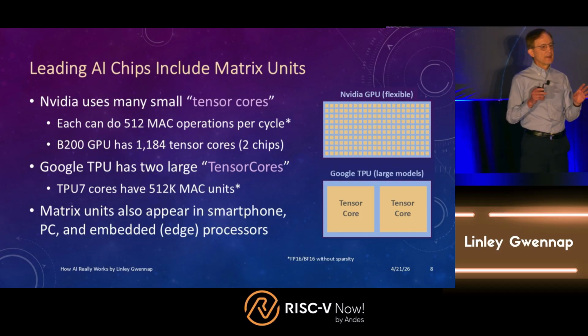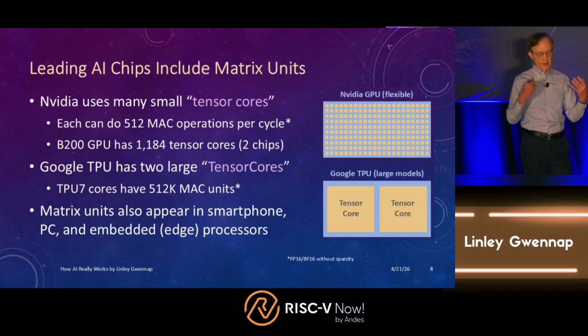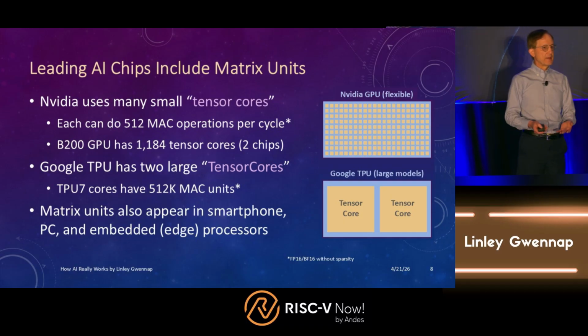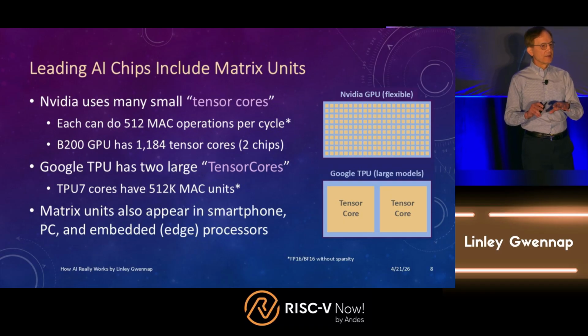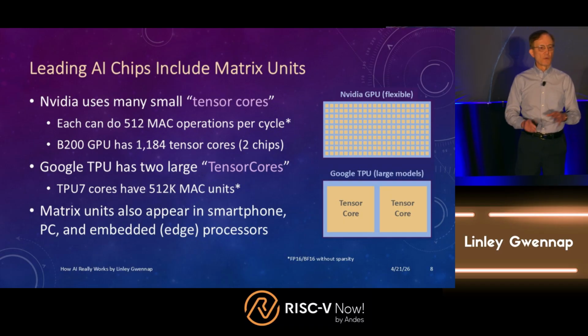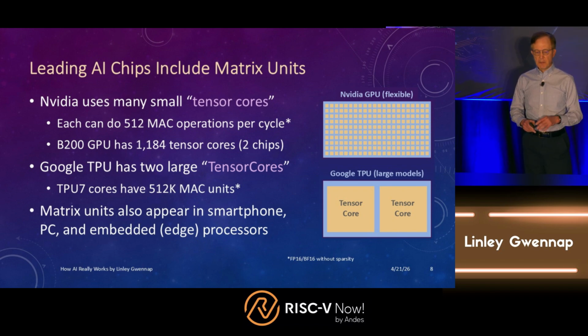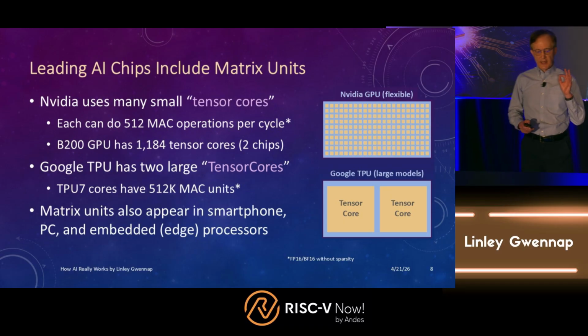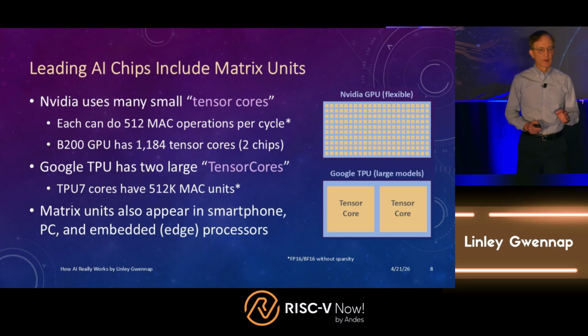And we also see chips that are going into smartphones, chips that are going into PCs, even in embedded applications, using these kinds of matrix units, often smaller ones for those chips, but the same structure to efficiently execute these neural networks in hardware.